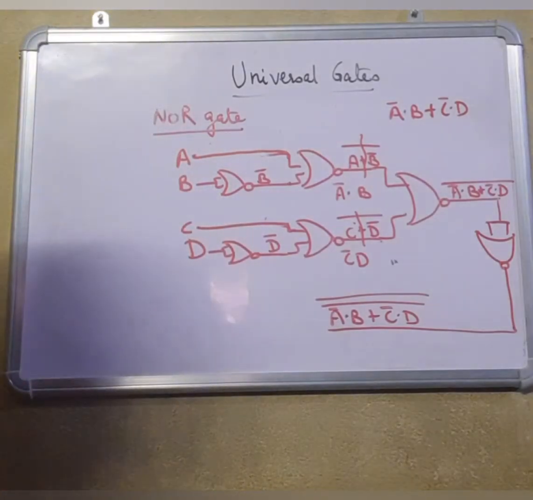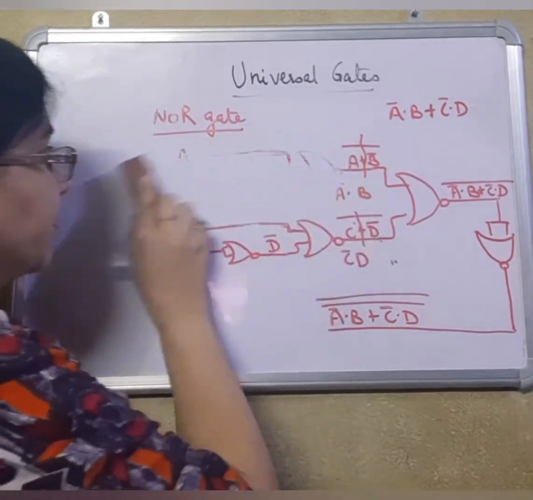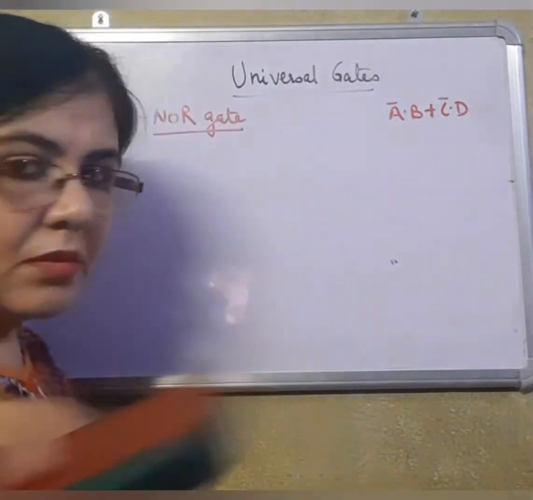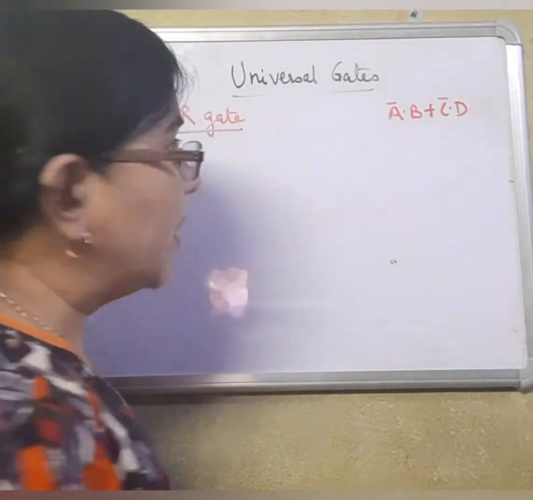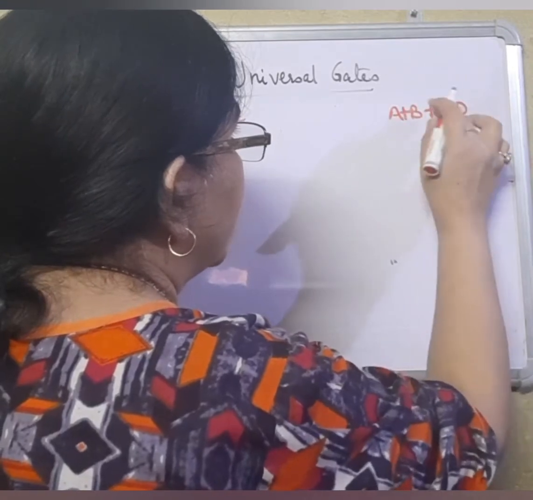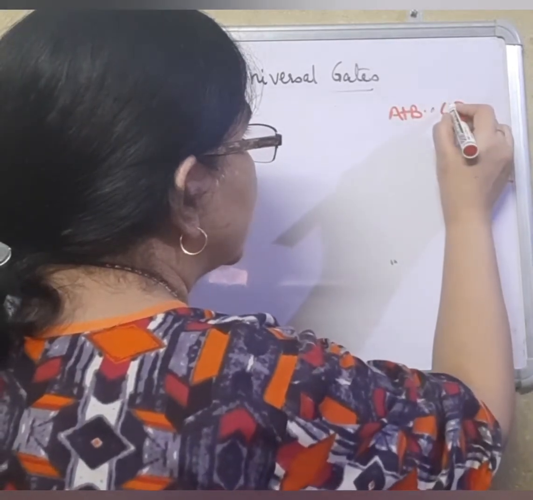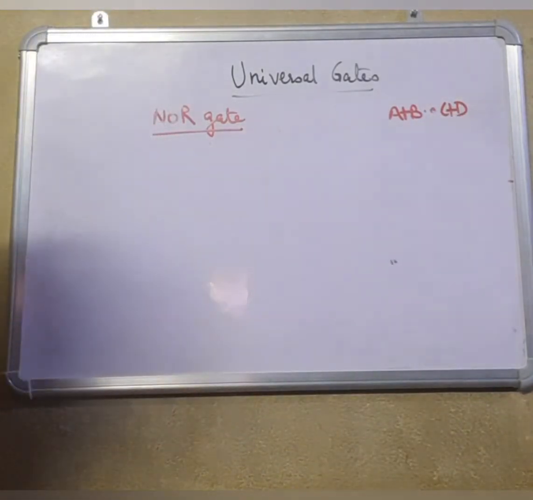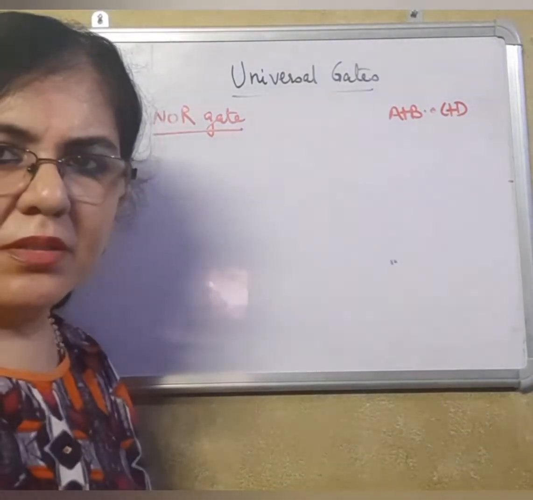Now let's look at the other question. Suppose we are getting here A plus B dot C plus D using NOR gate. This is quite simple.